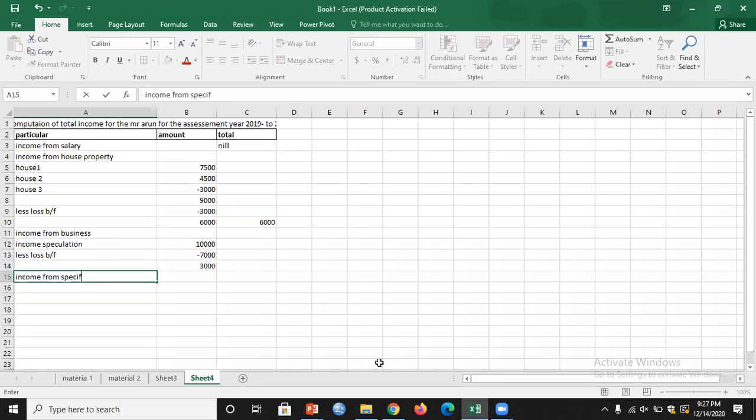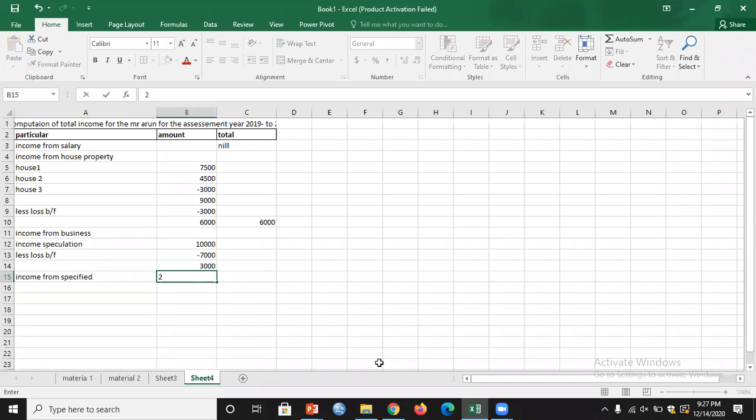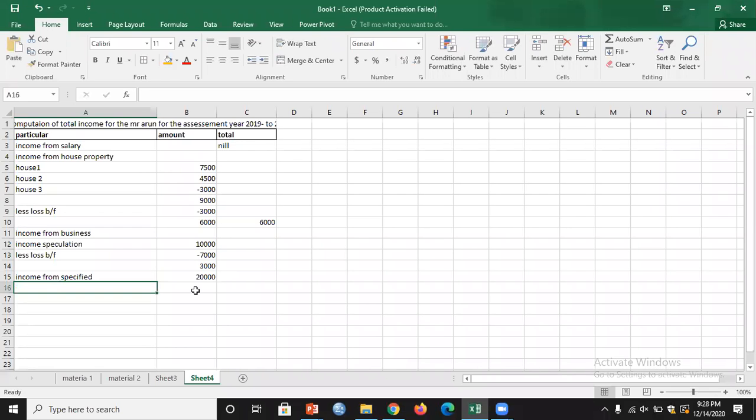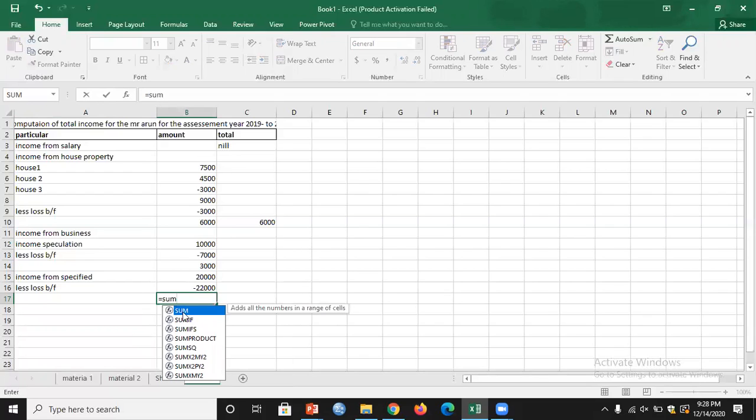And there is a loss from the specified business of around 22,000, so less loss brought down, minus 22,000. How much do we have as income from specified business? It will be around minus 2,000 rupees.